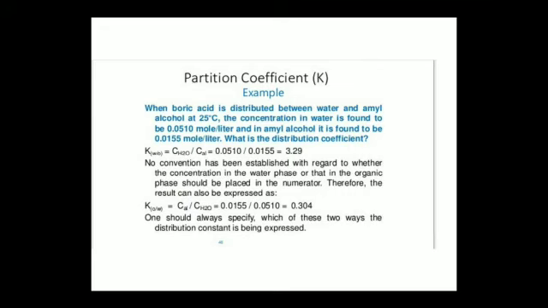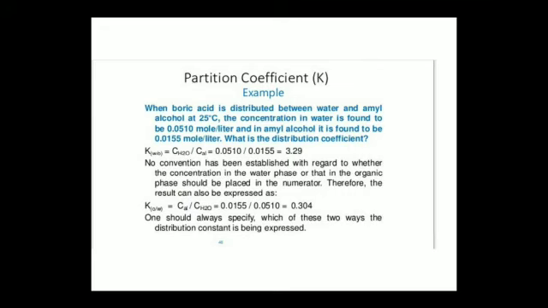The concentration of boric acid present in water is equal to 0.0510 moles per liter and that present in amyl alcohol is equal to 0.0155 moles per liter. So the distribution coefficient can be calculated from water to oil and oil to water.